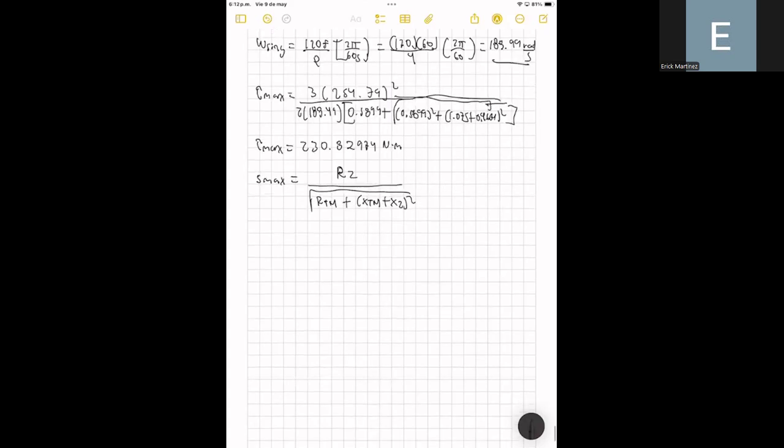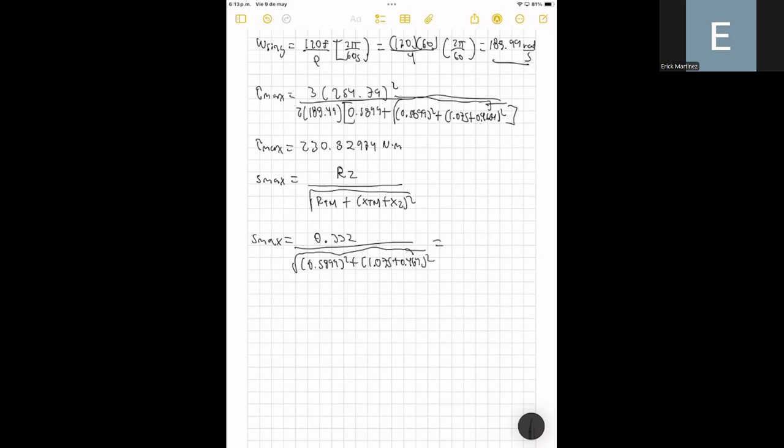So the slip at maximum torque is equal to R2, that is 0.332, divided by the square root of 0.5899 squared plus 1.075, 0.464 ohms.